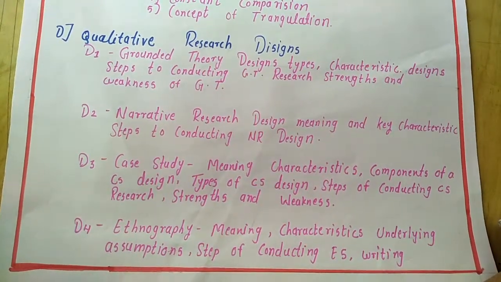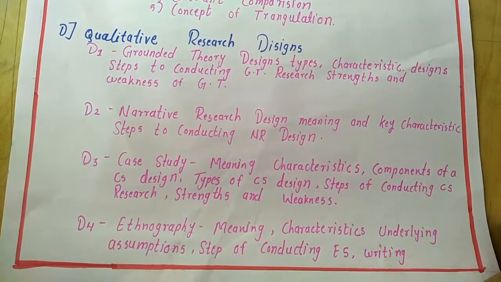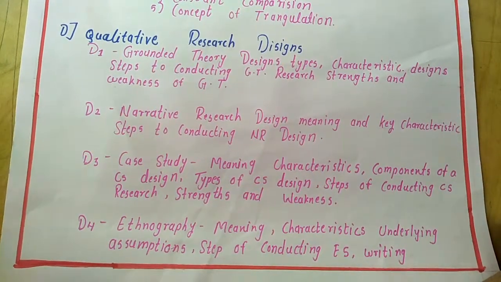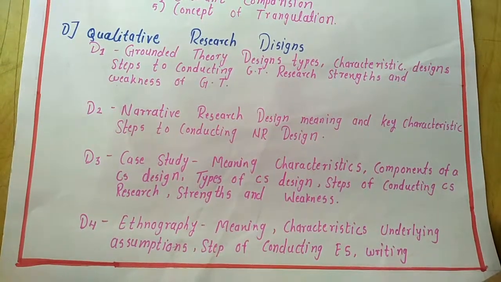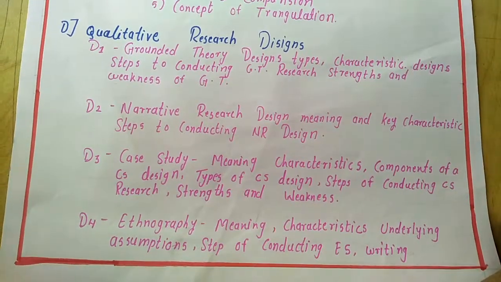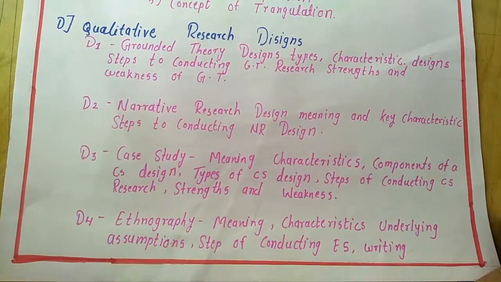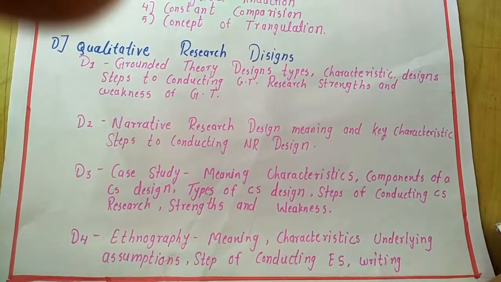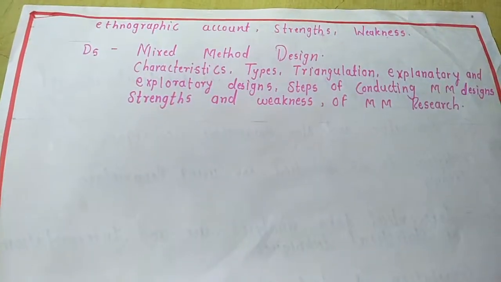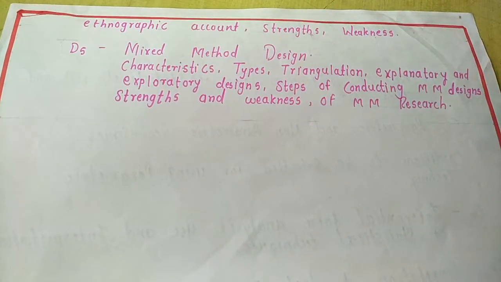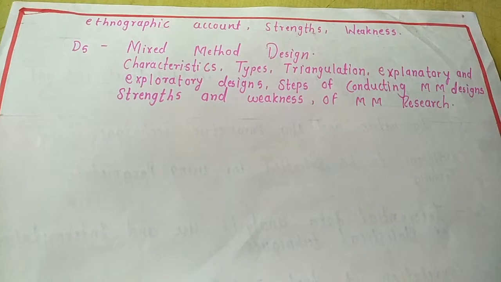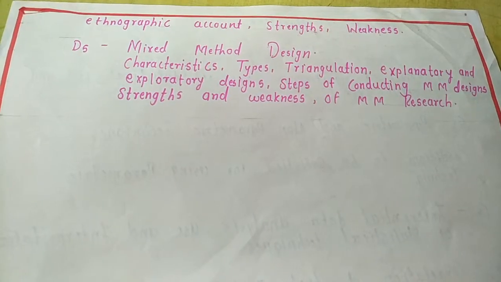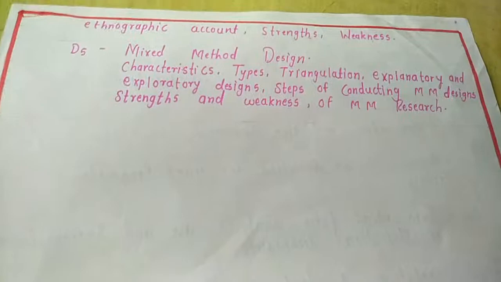Then next one, ethnography: meaning of ethnography, ethnographical studies, then characteristics, then steps, etc. And then last one, mixed method. Mixed method: characteristics, meaning, types, triangulation of mixed method. This is the syllabus of our research.